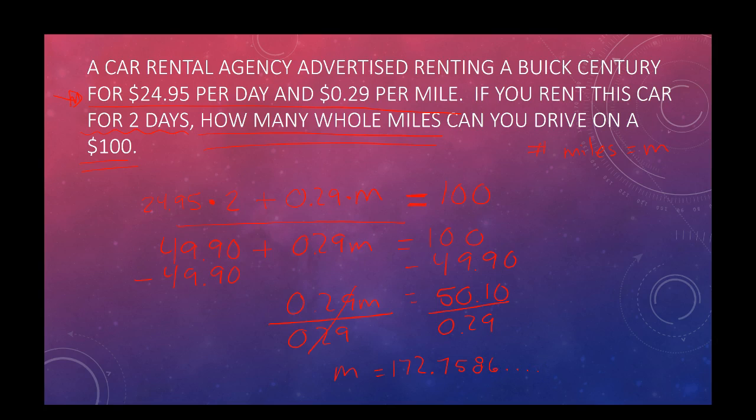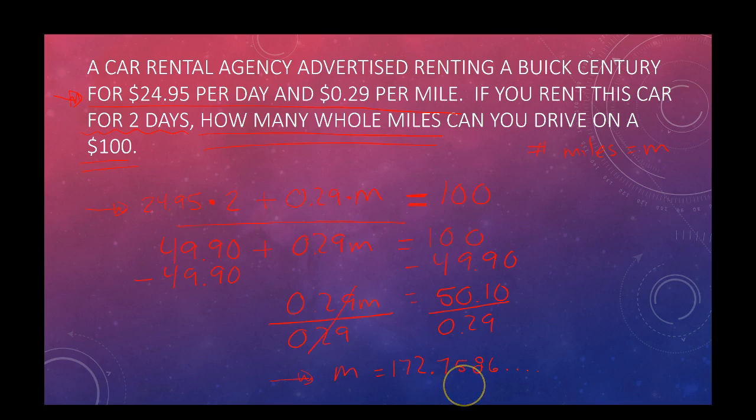Okay, so I set up my equation, I solved it. Now let's make sure we answered the question. It says, how many whole miles can you drive on $100? Well, the answer I got is not a whole number, so I have to figure out what that means. Would my answer be 172, or would I round this up to 173? If I have $100 as my budget, could I drive 173 miles?